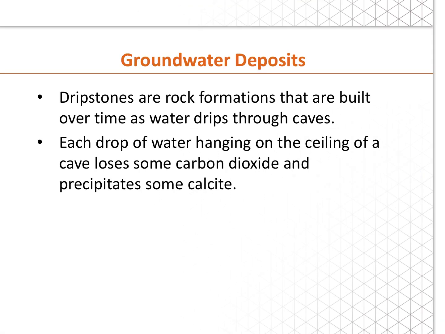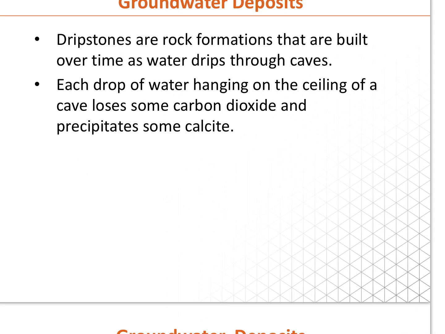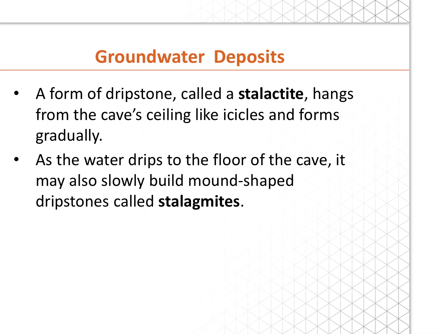Okay, other than the collapse, what we just talked about with dripstones. Dripstones are rock formations that are built over time as water drips through caves. So if it drips from the ceiling, or collects down on the bottom, we're going to get those dripstones. And those dripstones then are going to make our stalactites. And I'm just going to highlight here the C in stalactites because they're going to form on the ceiling.